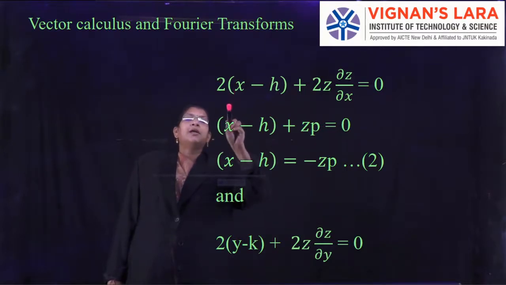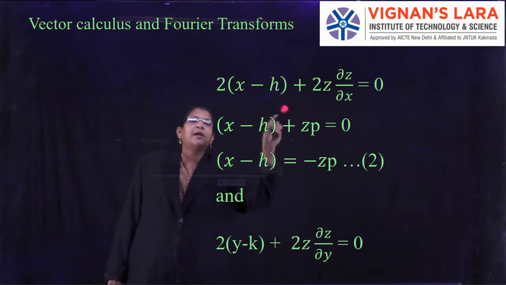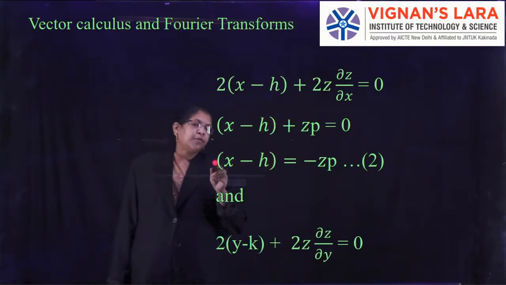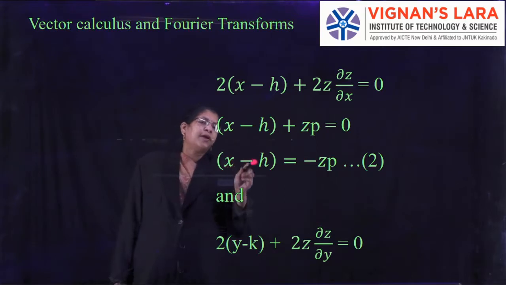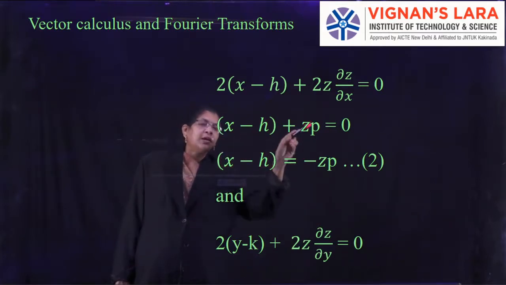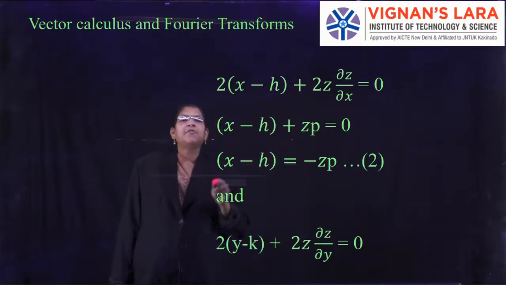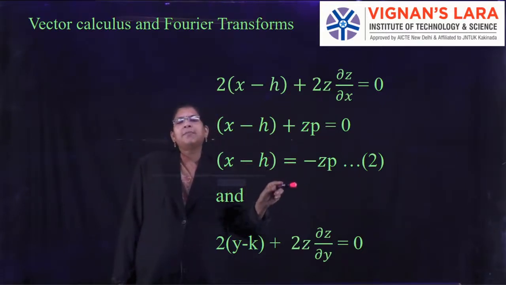So, you divide both sides by 2. Then what will you get? x − h plus z into, what is ∂z/∂x? It is p. So, x − h + zp equal to 0. What is the x − h value? Minus zp. Take this as equation 2.